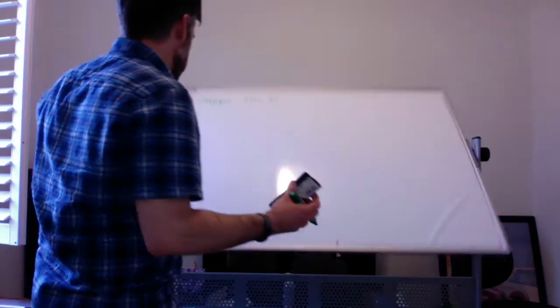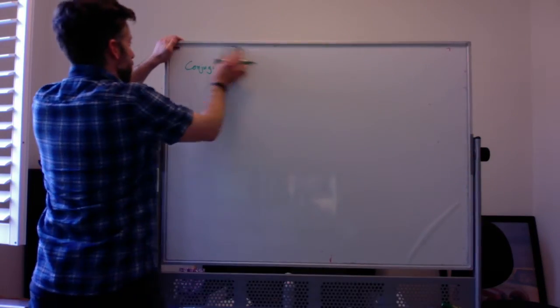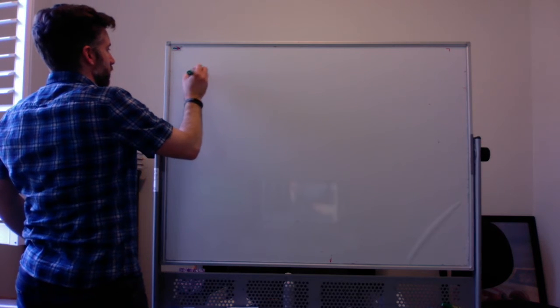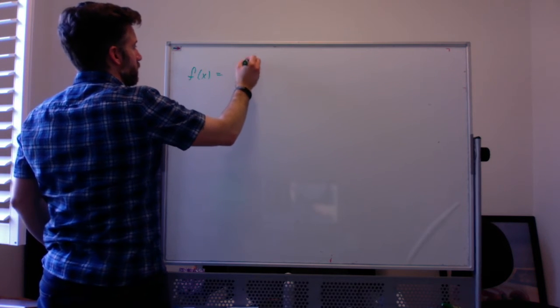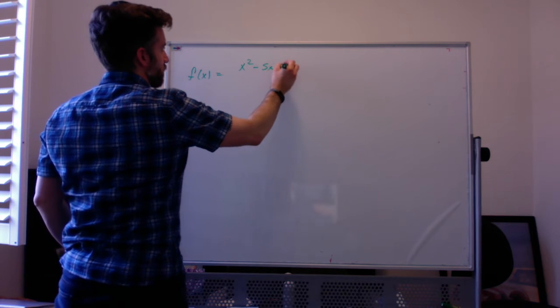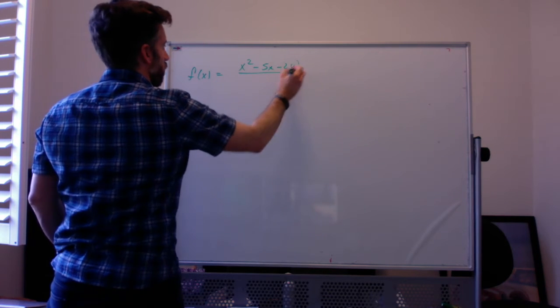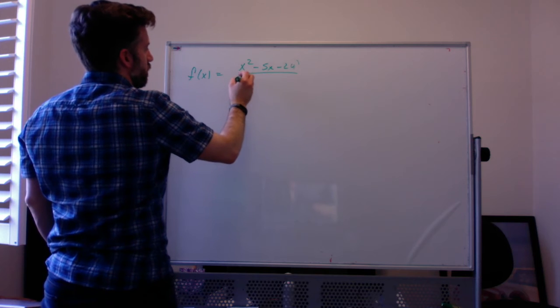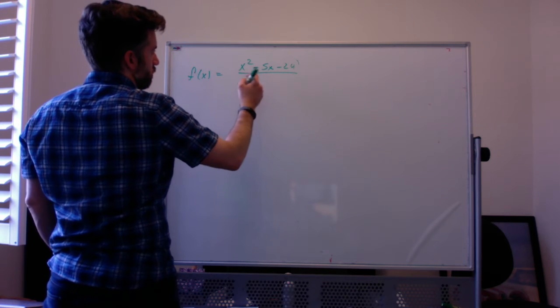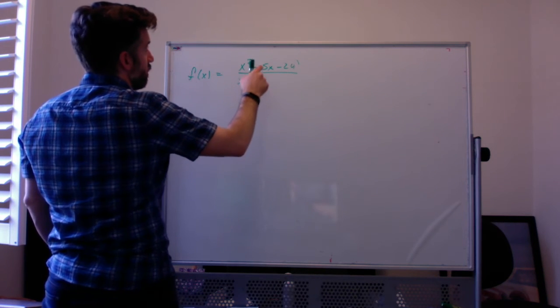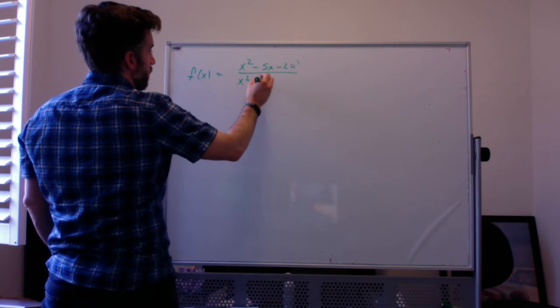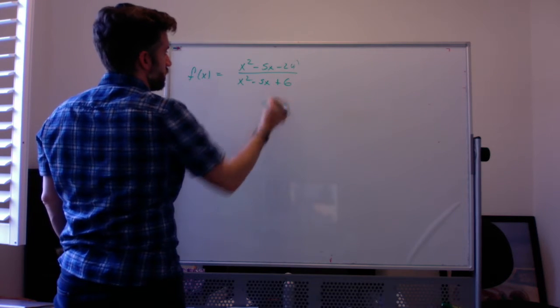And let's do one more example. Something not too terrible. Something like the function x squared minus 5x minus 24 over, I don't know, x squared, sorry, I'm trying to think here, minus 5x plus 6.